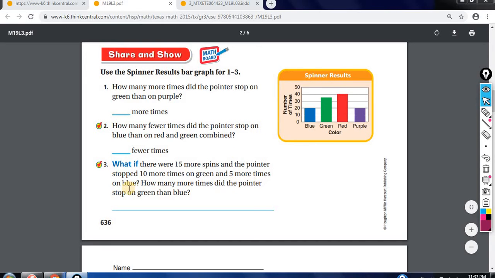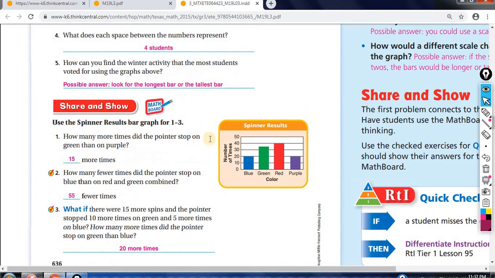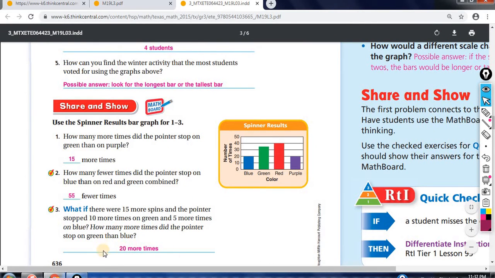And 5 more times on blue. So blue would be what? 25. How many more times did the pointer stop on green than blue? So you would subtract the new number, and I have that for you here, okay? And your answer would be 20, okay?